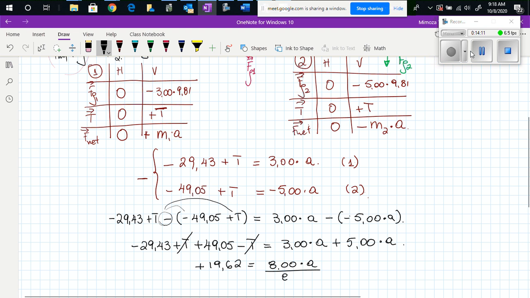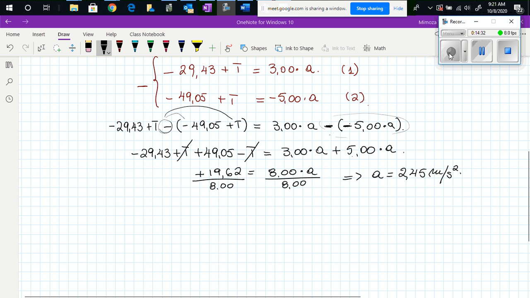And then when you divide both sides by 8, you will find that the acceleration is equal to 2.45 meters per second squared. Is it clear?